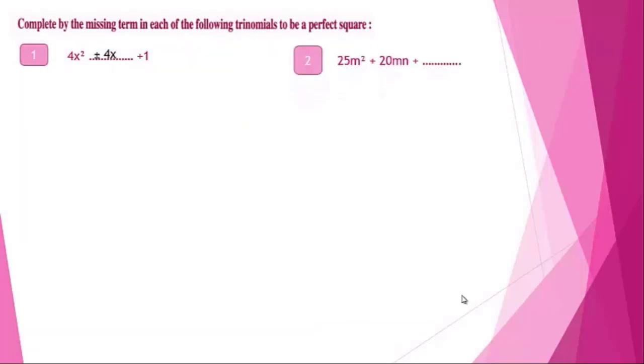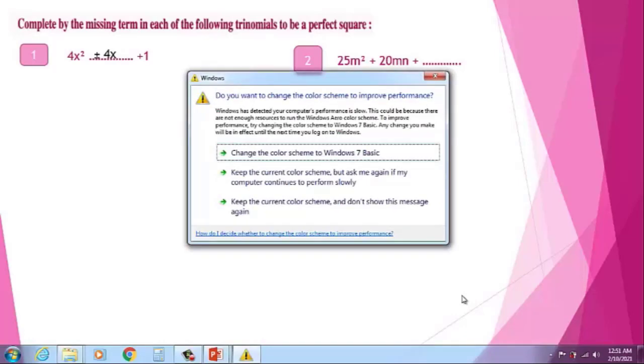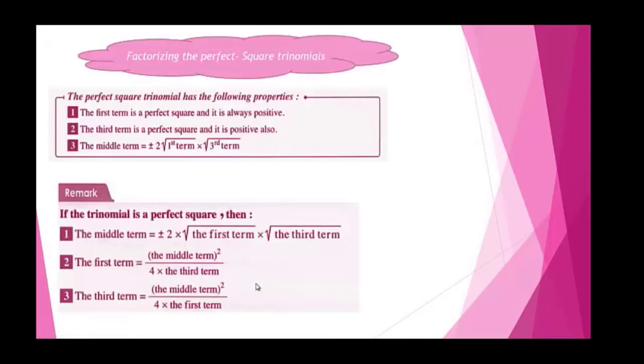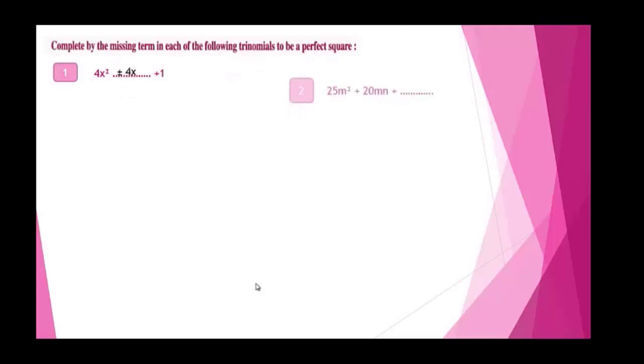The second example, 25m squared plus 20mn plus, we say the third term. The rule of the third term: to find the third term, the middle term squared divided by 4 times the first term.